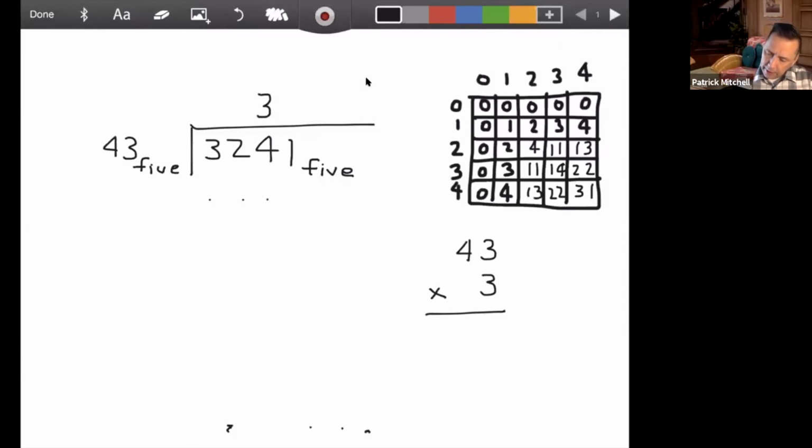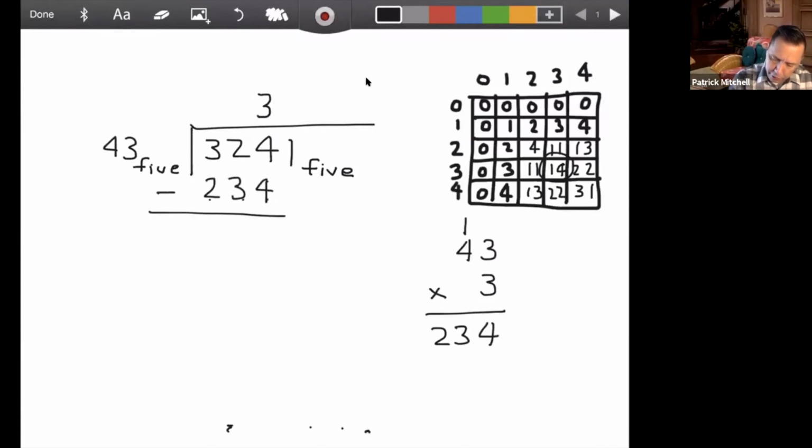And I see that in base 5, 3 times 3 is 14. So I'm going to put a 4 here, carry a 1. 3 times 4 is, let's see, 22. 22 plus 1 is 23. So we know that 3 times 43 is 234.